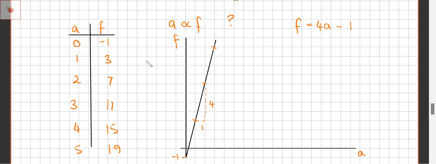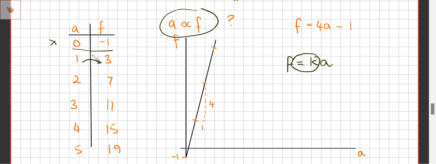Okay. There are 2 things that we have to have for a direct relationship. One is, it must go through 0, 0. So this automatically says not. It must be a straight line, but remember, for it to be directly proportional, in this case, I should have F equals KA, and that's it. What does the K represent? The K should represent what you multiply by. So in this case, it's multiplied by 3.